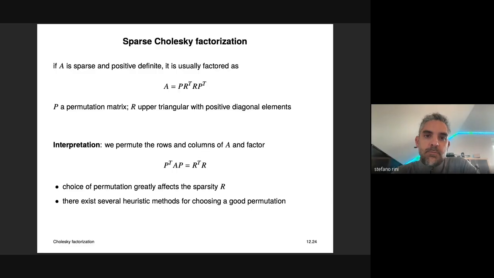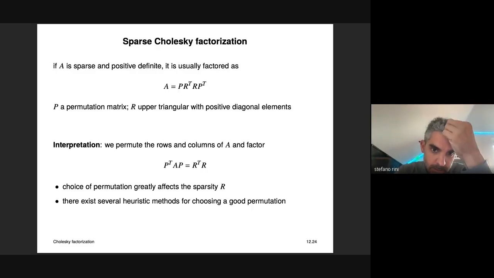If A is sparse and positive semi-definite, then it is usually factored as follows. There is a permutation matrix P, and the role of the permutation matrix is to bubble up all the elements that are non-zero, okay? And then we have R transpose R times P transpose, where P, as we said, is a permutation matrix, so it only corresponds to a reordering of the elements in the matrix A, because we want the non-zero elements to bubble up to the top, to be in the first K positions.